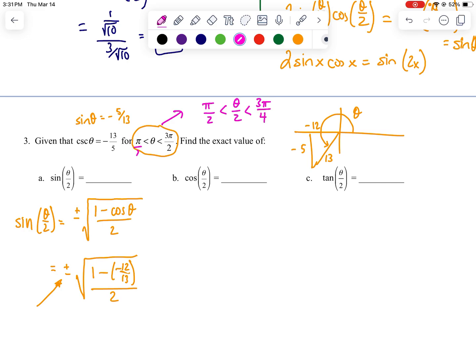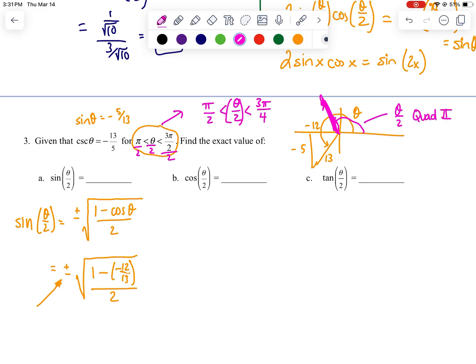So if I divide all of these by 2, now I find out where theta cut in half is. Theta cut in half is between pi over 2 and 3 pi over 4, so it is somewhere up in here. That pink angle is theta cut in half, which means it is actually in quadrant 2.